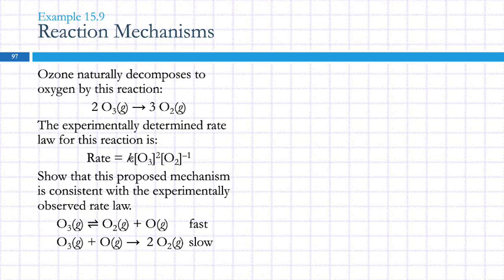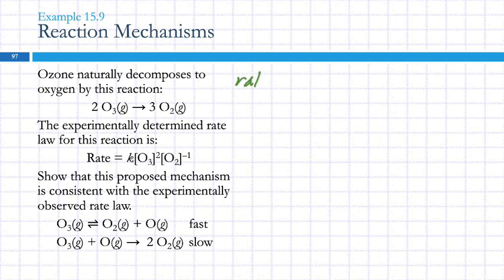Okay, so here's the reaction of ozone decomposing to oxygen. Here we have the experimentally determined rate law, and we are supposed to look at this proposed mechanism and show that it's consistent with this rate law. We have a first fast step, so we can write the rate law for the slow step from its equation.